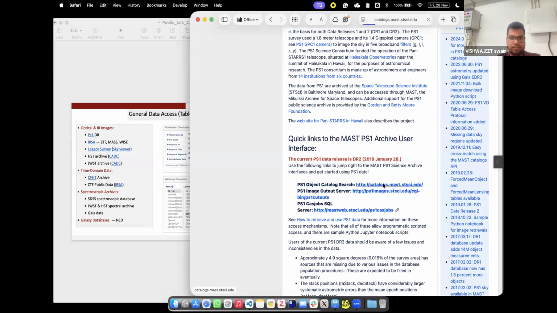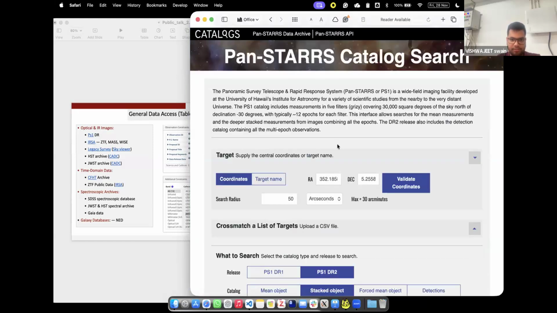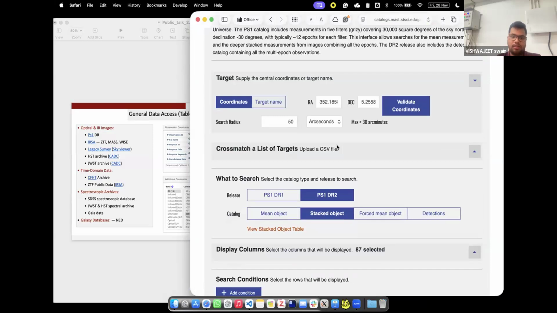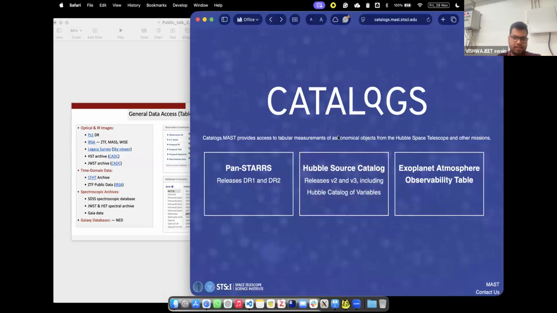So it is similar to what we did yesterday, and from here you can also retrieve the table. From Vizier, which we did yesterday, we can also get the same table, and directly from the Pan-STARRS website we can get the same kind of table. But yeah, I think Vizier would be better because it can give all kinds of tables in one space.